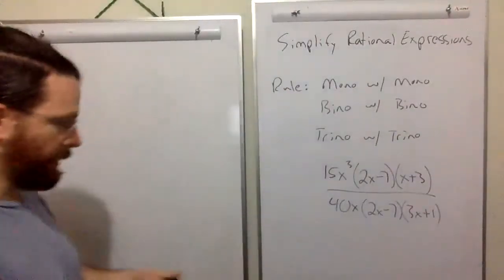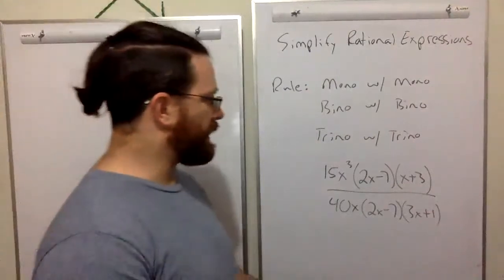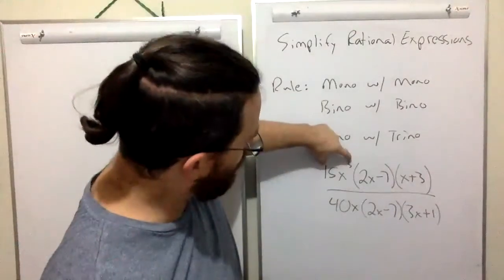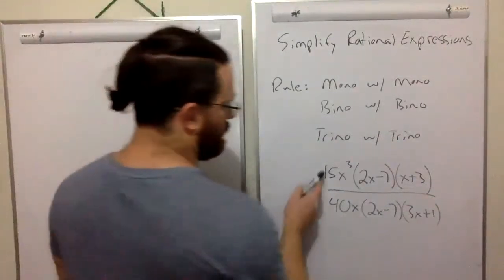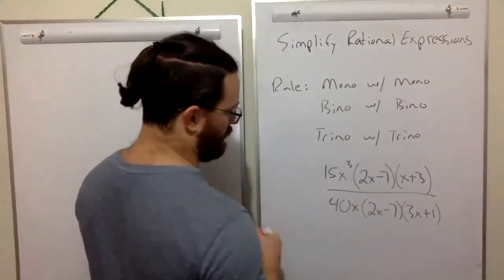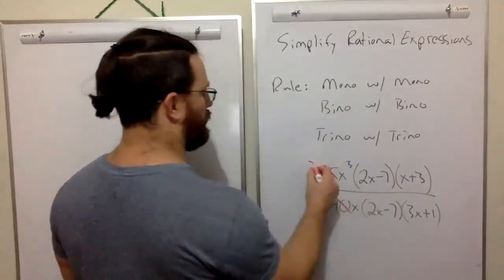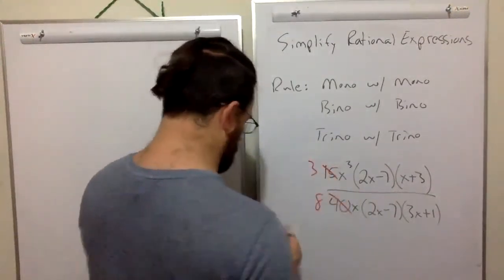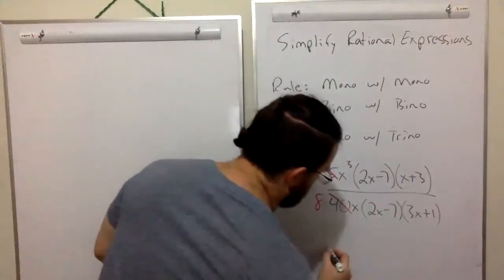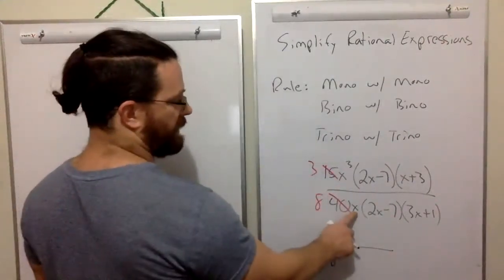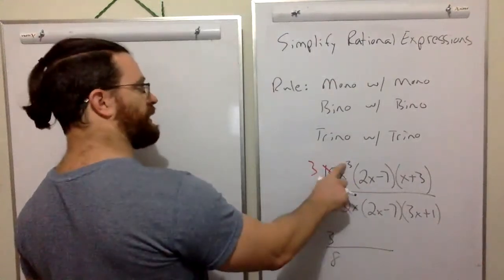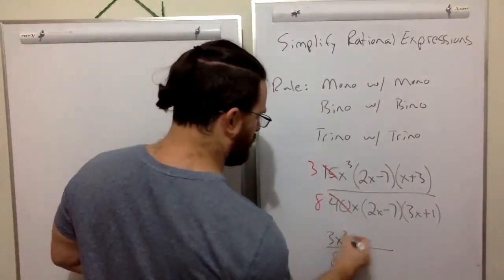So again, following our rules, I know I can reduce my monomial with my monomial down here. These two can be reduced by 5, giving me a 3 and an 8. So I have 3 and 8. This x is going to cancel one of these up here, leaving x squared.